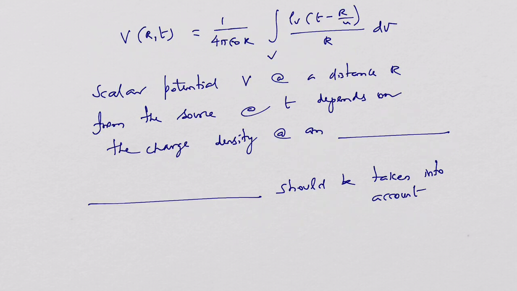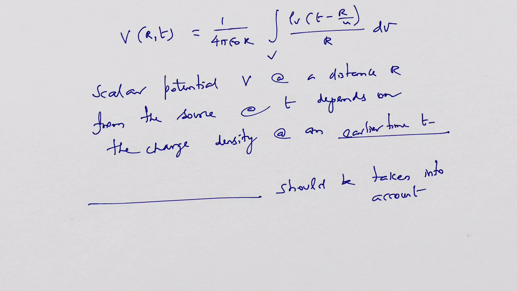What is this equation? This equation gives me scalar potential V at a distance r from the source at t, which depends on the charge density, but charge density at an earlier time. What is that earlier time? It is not at t itself.